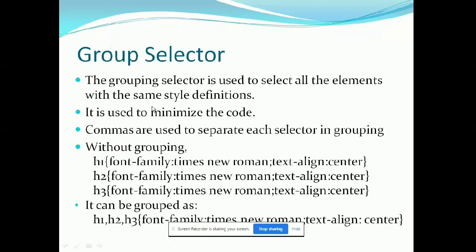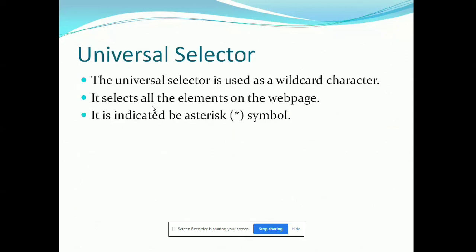Next, grouping selectors. If we need the same style for different elements, you can use a comma in between. Next, universal selector, indicated by an asterisk symbol. It means all the elements which are present in your web page. Okay, so this is all we have for selectors in CSS.